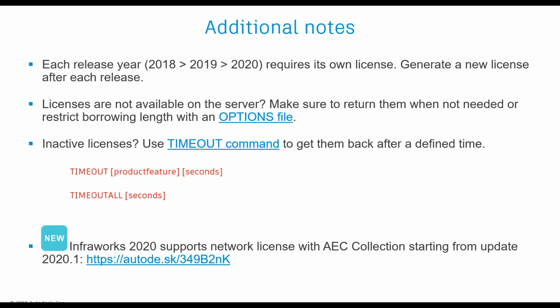Sometimes, for example, you encounter an issue where some customers are not able to pull a license from the server. Make sure that, for example, some of them didn't borrow a license. Most often than not, users take their laptops home.